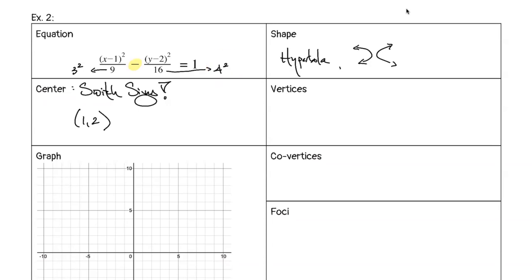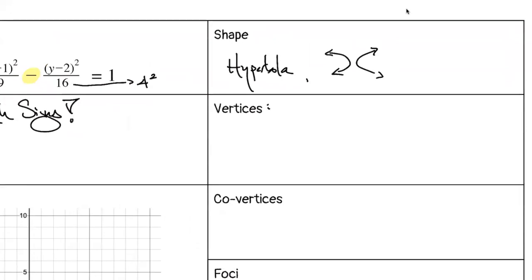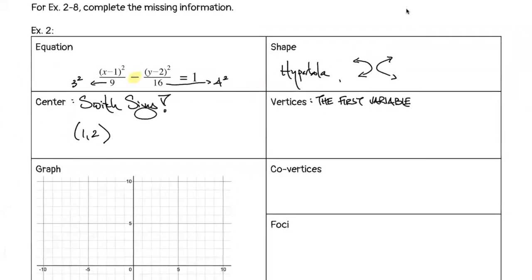One of the things that is really important to note in a hyperbola is the vertices actually depend on the first variable. Meaning it's the number in the denominator of the first variable that tells us where the vertices are.